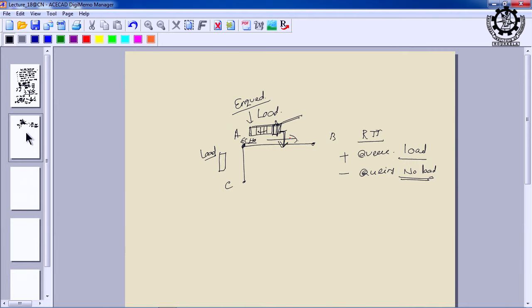Why is this so? When this kind of scenario comes into the picture, let us say you have a subnet like this, having this topology, and they are actually in opposite directions, the nodes are in totally opposite directions.